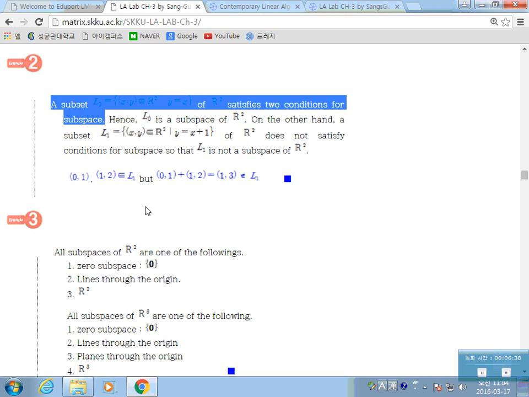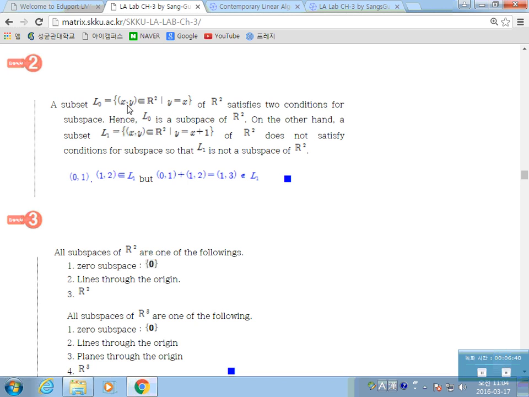If you choose two vectors from L0 and add them, the sum is still in here. And if you multiply a scalar k, then kx is equal to ky, so it also stays in here. So it satisfies the two conditions to be a subspace. But this L1 is not.